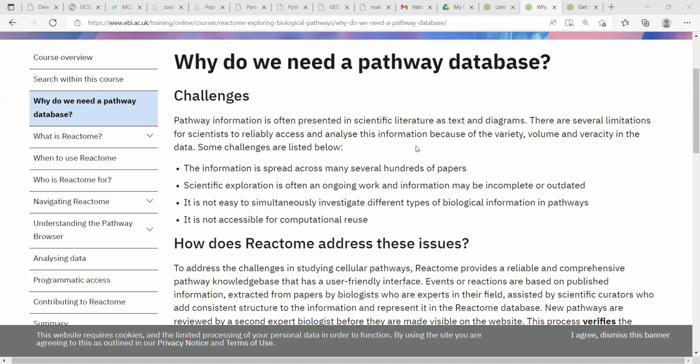Often this kind of scientific exploration is ongoing. That means this is a never-ending process. This will be updated soon. Even if you have identified a pathway inside a cell, that pathway may be changed, modified, or updated.